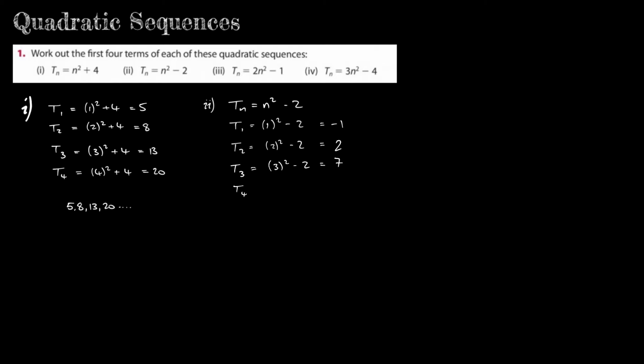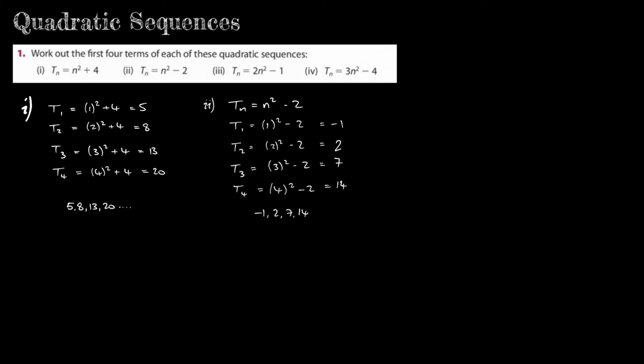And t of 4 will be equal to 4 to be squared minus 2, which is 16 take away 2, which is 14. So there I'll have a sequence of minus 1, 2, 7, and 14.